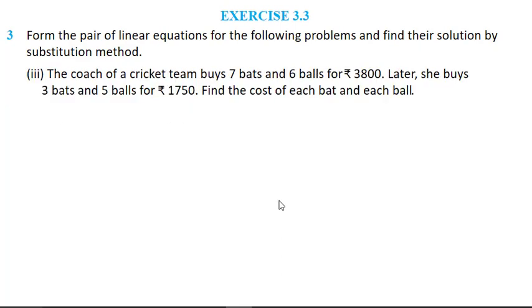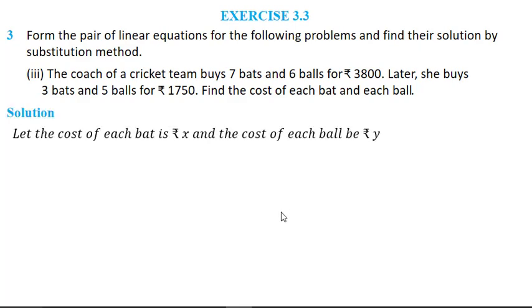Now the third question is, the coach of a cricket team buys 7 bats and 6 balls for rupees 3800. Later she buys 3 bats and 5 balls for rupees 1750. Find the cost of each bat and each ball. So I don't know the cost of each bat and each ball. Let us assume the cost of one bat is rupees x and the cost of one ball is rupees y.